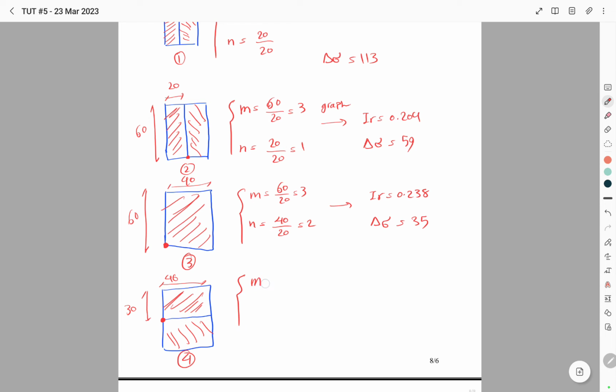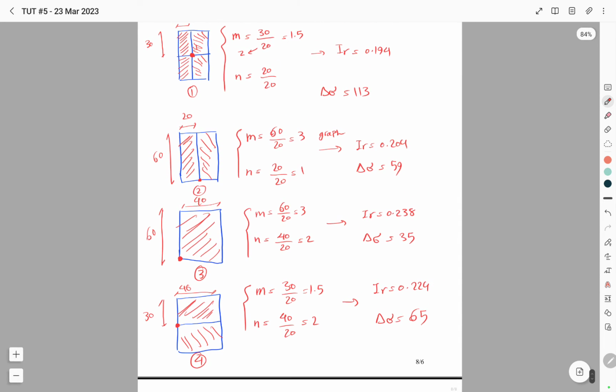So m is equal to 30 over 20, 1.5, and n is equal to 40 over 20, which is equal to 2. And IR would be equal to 0.224, and delta sigma would be equal to 65.